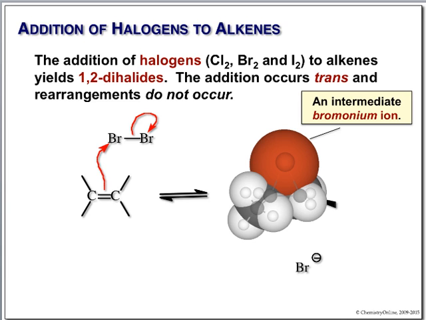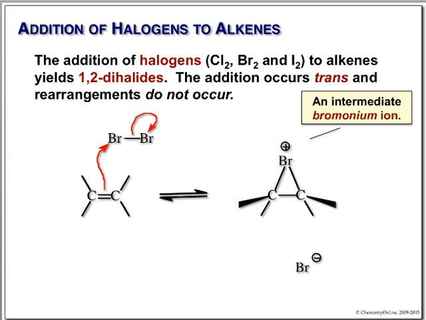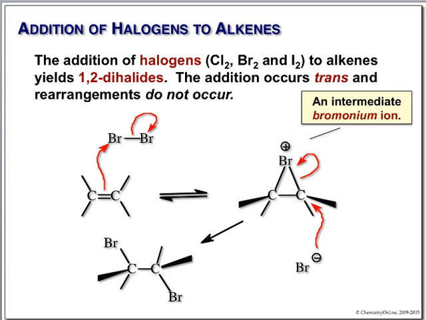In order to give rise to products, we have to attack either this carbon or this carbon. And frankly, this is so big that you just can't get there. So the only way that Br- can attack is from the bottom. And when it does, it generates trans stereochemistry. So it has to come in the opposite face, simply because the bromonium ion is so big.